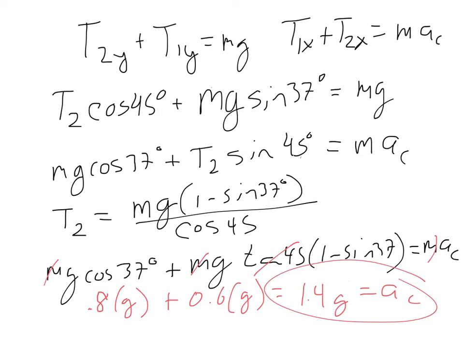My answer should have come out to be about 1.2g, which would give us the 11 meters per second squared, which is the answer. But it's all the right logic, and thank you, Irvin, for watching out for us there. Questions?